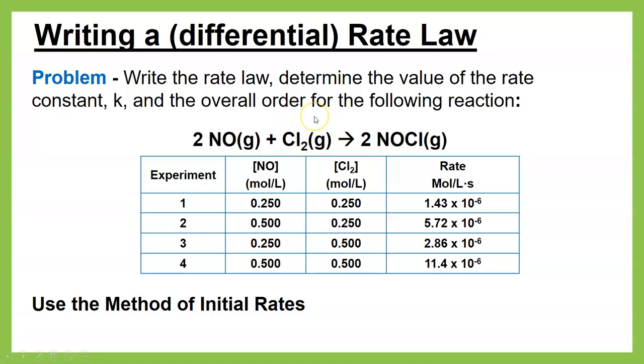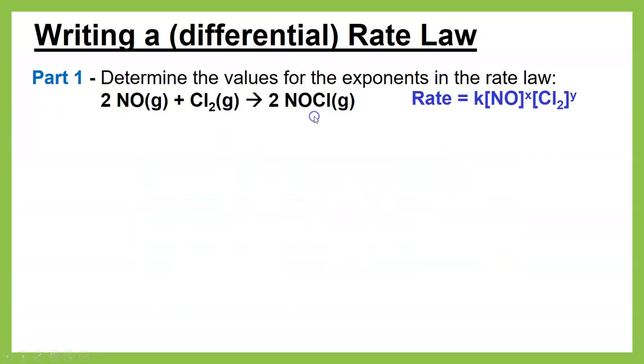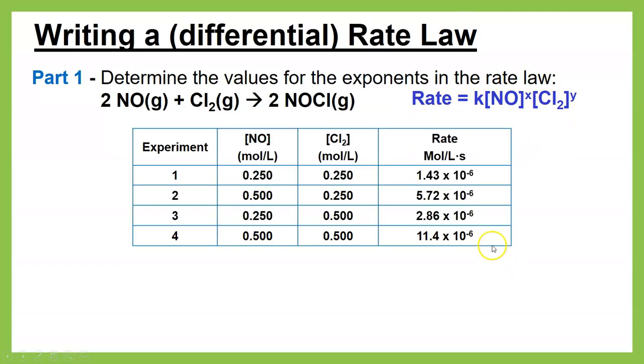And I'm trying to find out what those exponents are. So we have some kind of generic one like this. I'm going to look at my data table and I'm going to say, okay, let's change the concentration of nitrogen monoxide while holding this one constant.